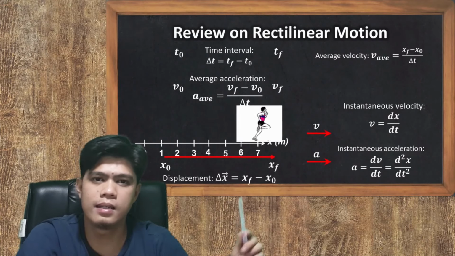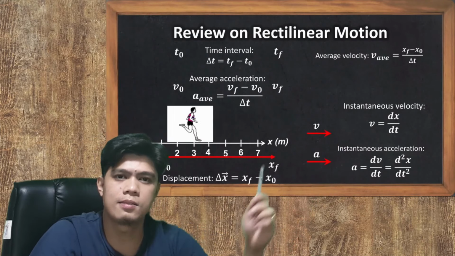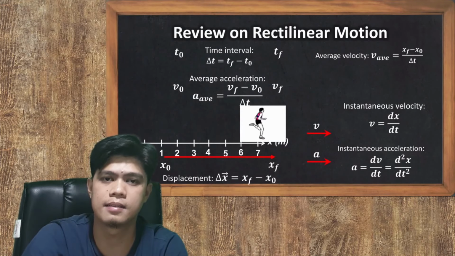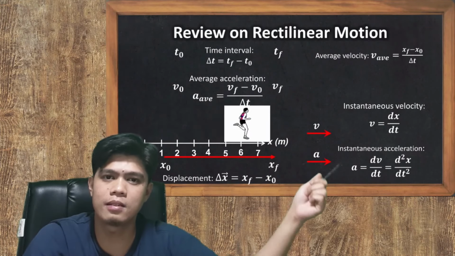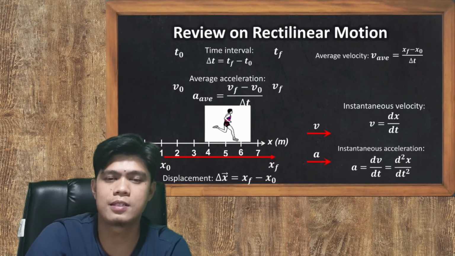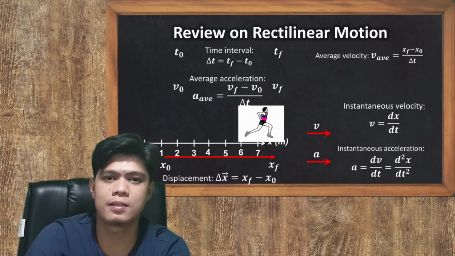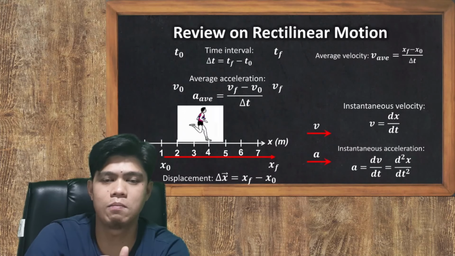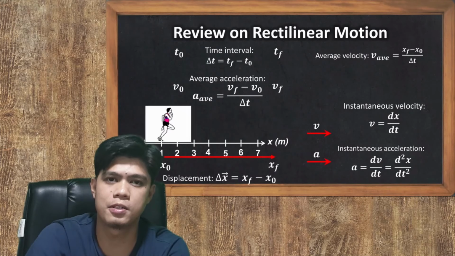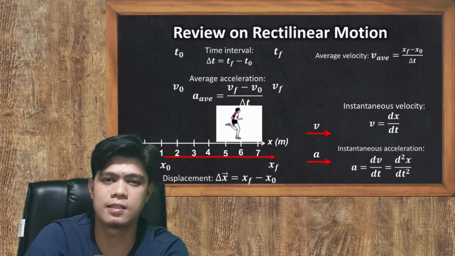And when we say instantaneous velocity, that is the velocity at that moment or at that instant. Meaning, our time interval is so small, that's why we have the instantaneous velocity. For example, if you are looking at your speedometer at that instant, given a direction, that is your instantaneous velocity.